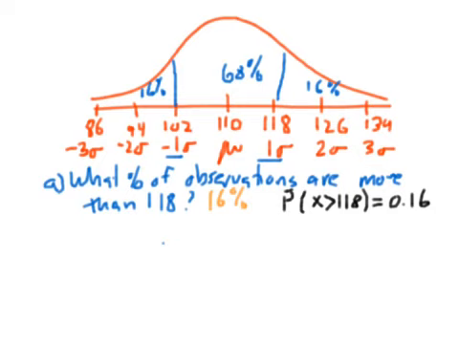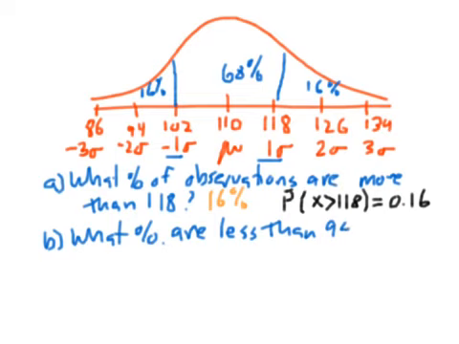What if I asked you in part B, what percent are less than 94 pounds? In terms of my notation, that means the probability that x is less than 94. Let's think about that a little bit.